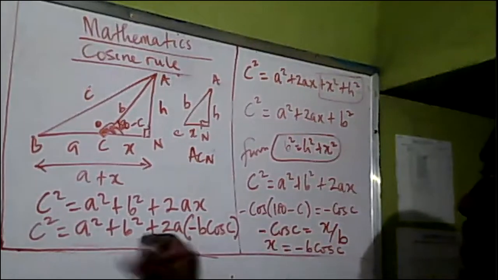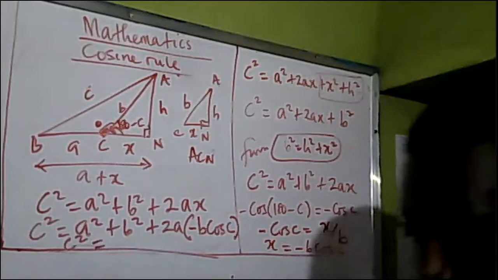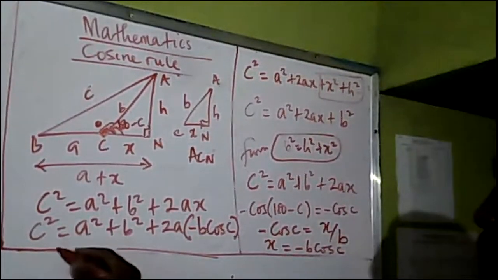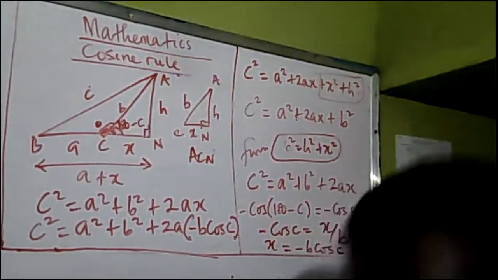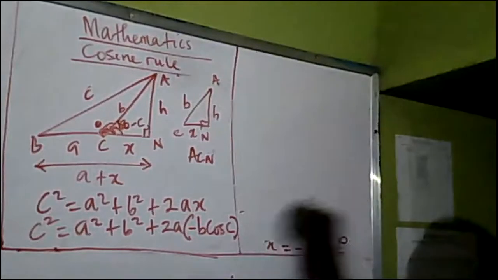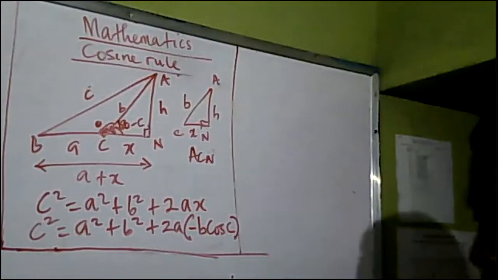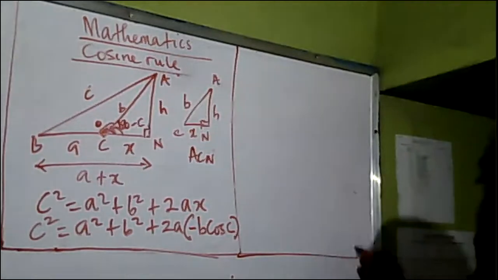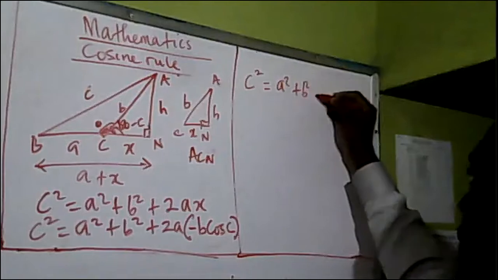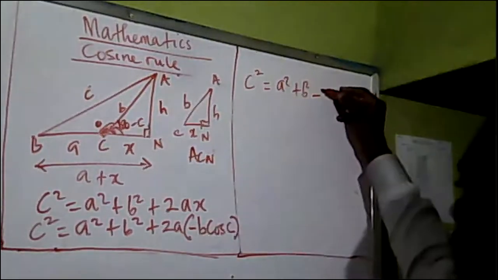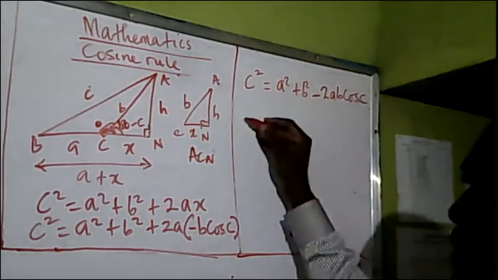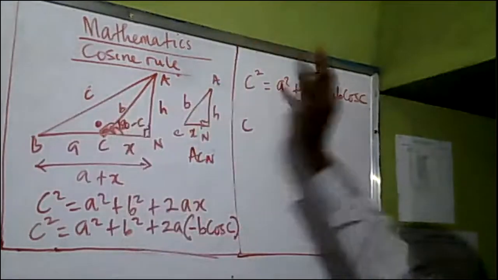So this minus times plus gives us C square is equal to, okay, let me use a larger space so that you can see it when you are watching the video. So this becomes C square is equal to A square plus B square minus 2AB cos C. So anyway, if we use the first one and the second one, C square is what?